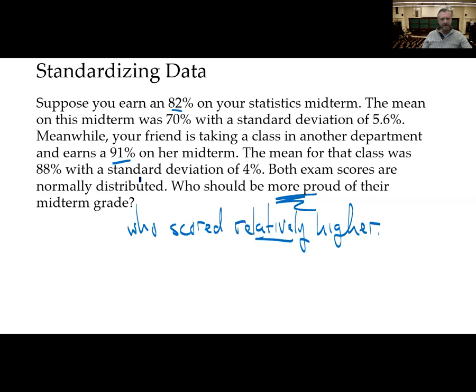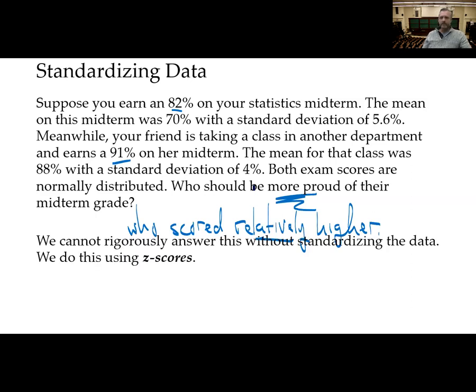Your friend got an A, you got a B. But what's also true is that the average on your test was a C, 70%, barely a C, and a standard deviation of more than half a grade, 5.6%. Whereas there was a high mean on your friend's test, and that standard deviation was less than half a grade, 4%. So taking all that information into account, who did relatively better?